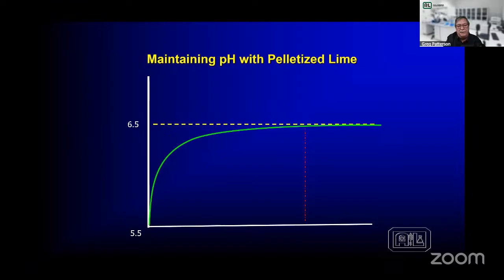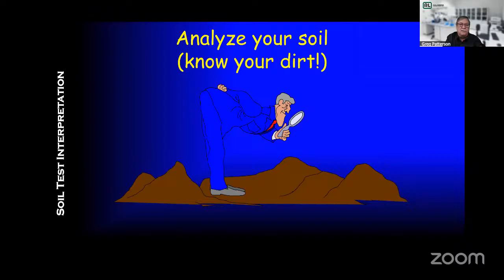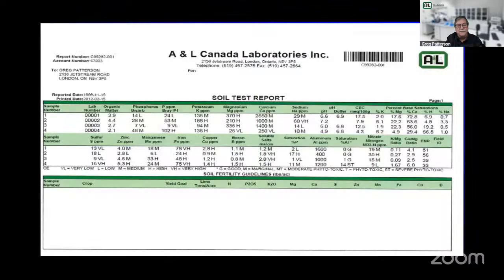And that application might only be a couple hundred pounds of calcium or granulated lime material, but it allows you to avoid getting into large applications of lime and going through that large operation of liming the entire field. So what we're trying to do here is analyze our soil, get to know what we're dealing with in variability, and come up with a system that helps us understand why we have reduced productivity in areas and how we can deal with it on a practical basis on application.